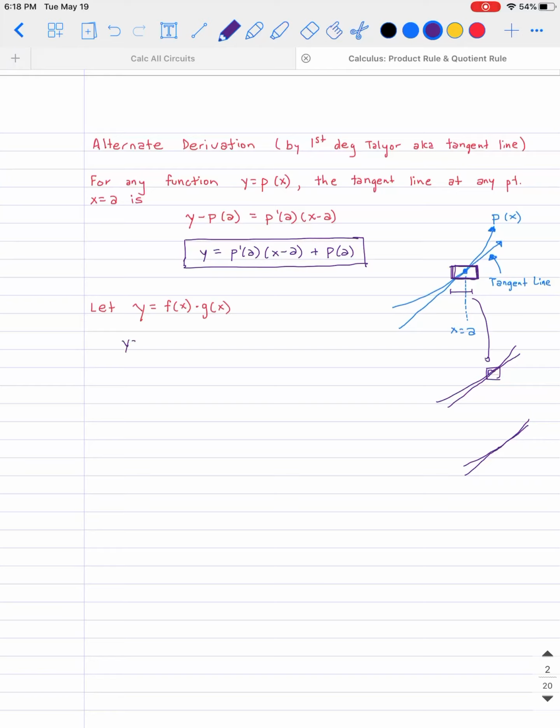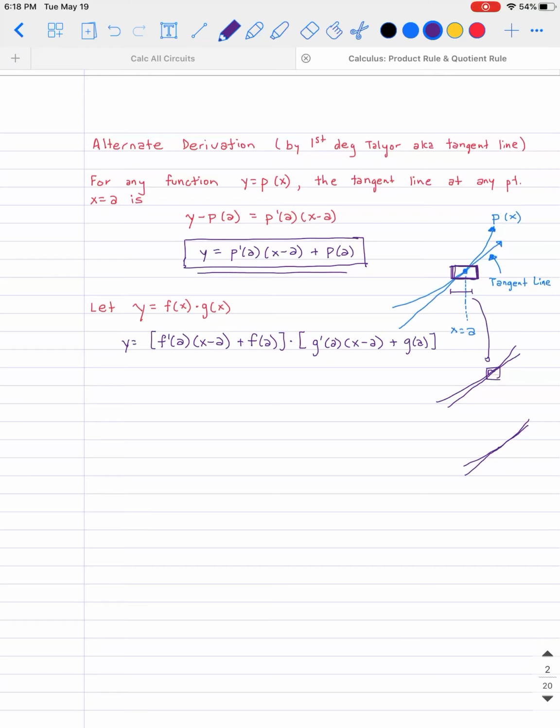So y is going to be equal to f of x, which gets replaced by this Taylor equation we just came up with: f prime of a multiplied by x minus a, plus f of a. That's replacing it with the tangent line. Multiplied by g of x, which gets replaced by its tangent line also at x equals a: g prime of a multiplied by x minus a, plus g of a.